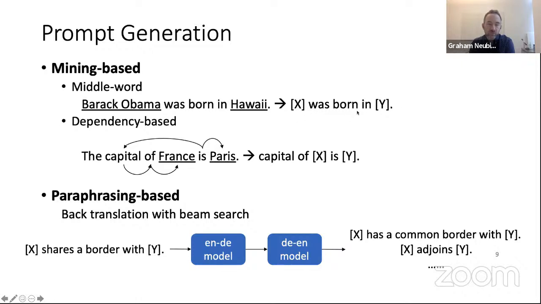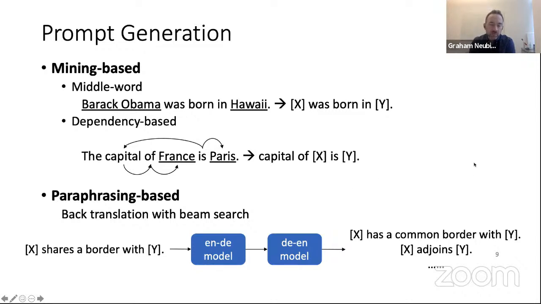So if "was born in" appeared in the corpus 800 times and "'s birthplace is" appeared 300 times, we would take those and not just take the top 5 or so. Another issue is that if we just take the middle words, we might get some uninformative patterns like "is". So we also used a method that used dependency parsing to get the syntactic paths between them.